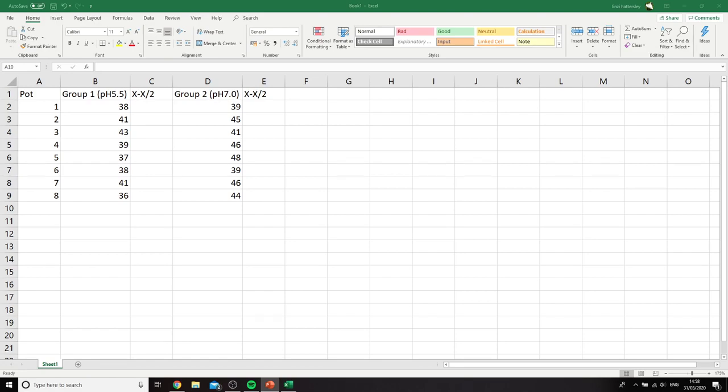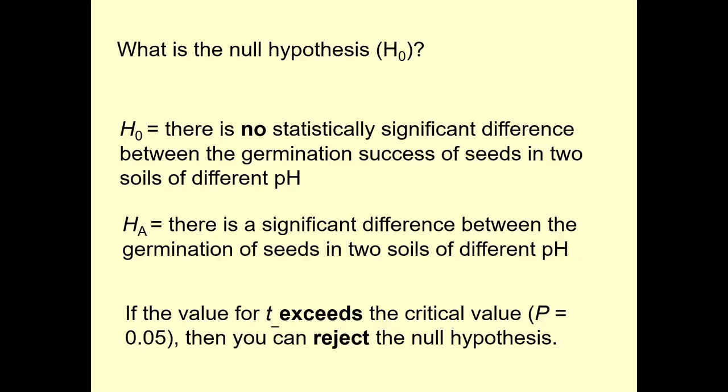But what's the point in doing this? We need a hypothesis. Basically, you need a null hypothesis. H0 is the null hypothesis.